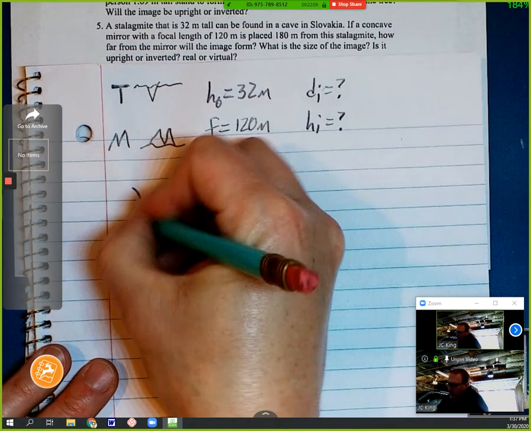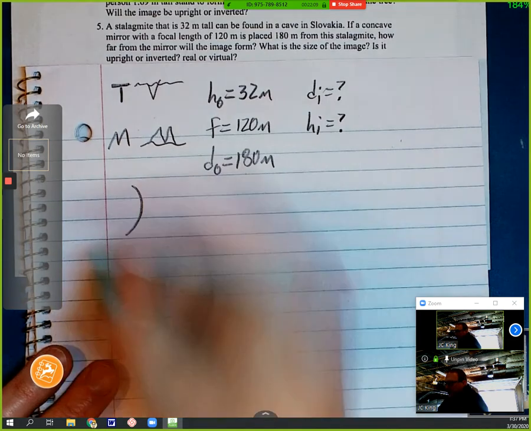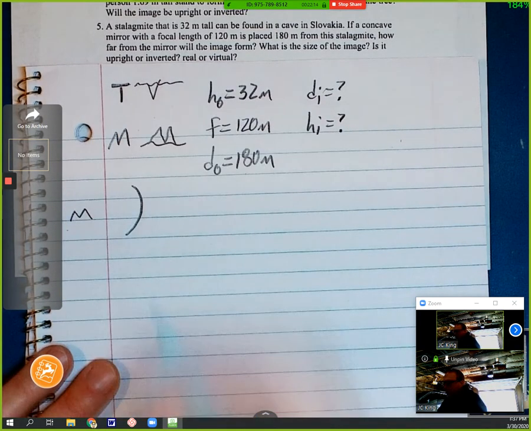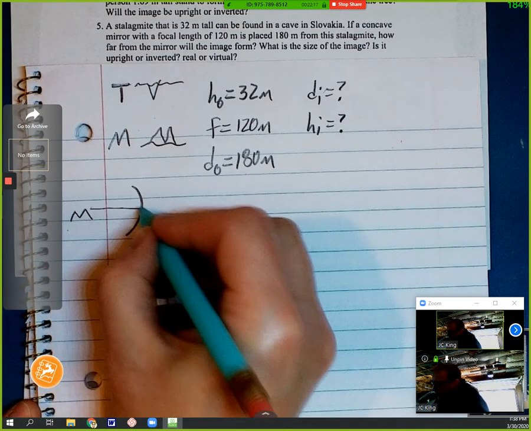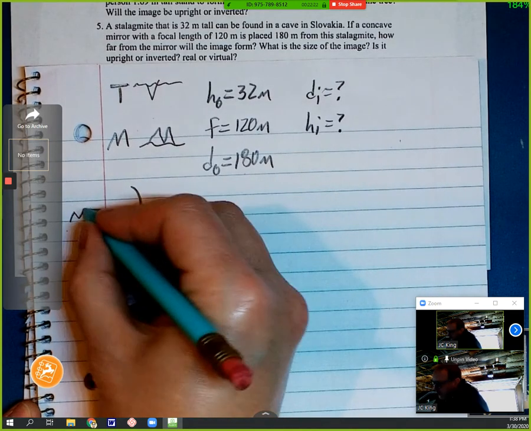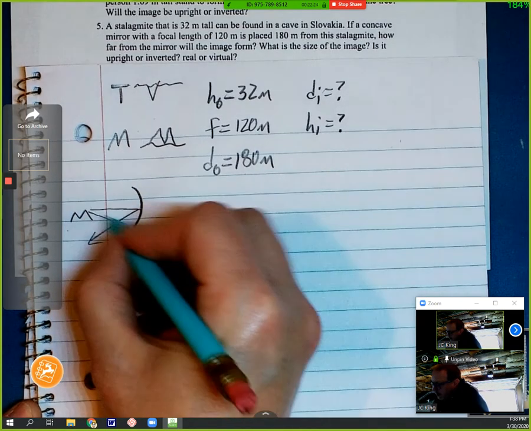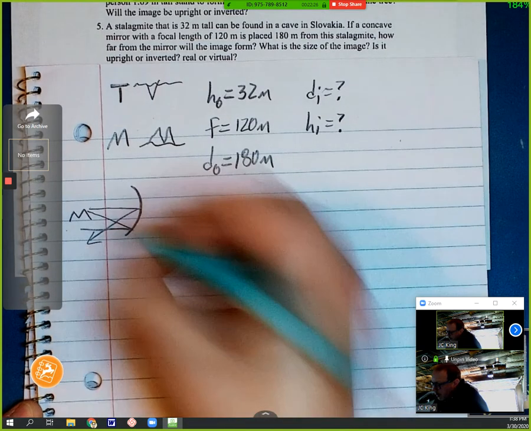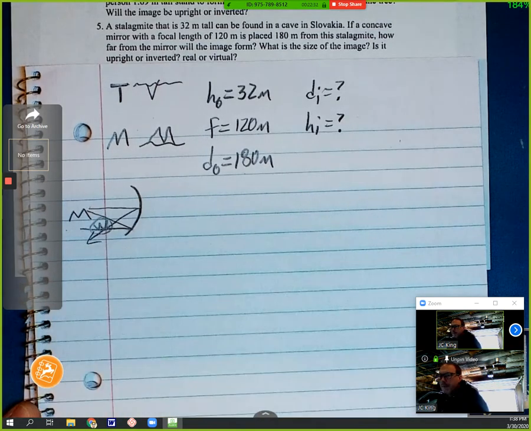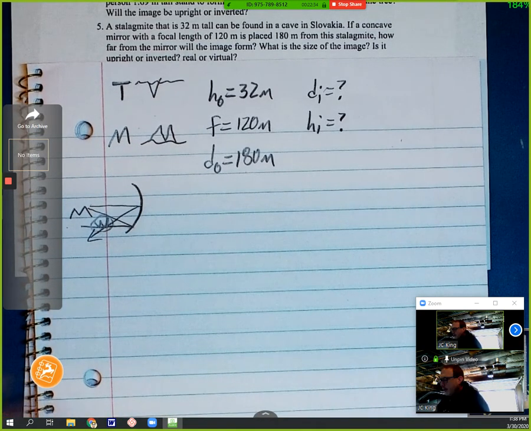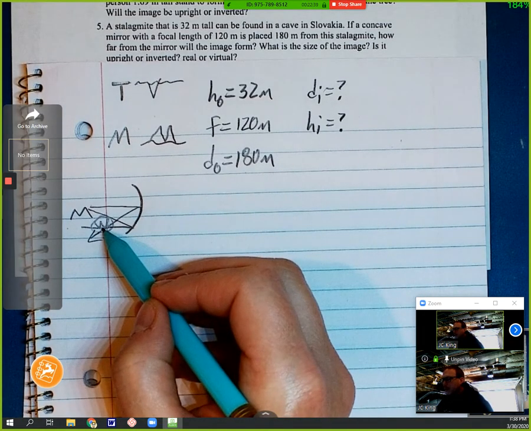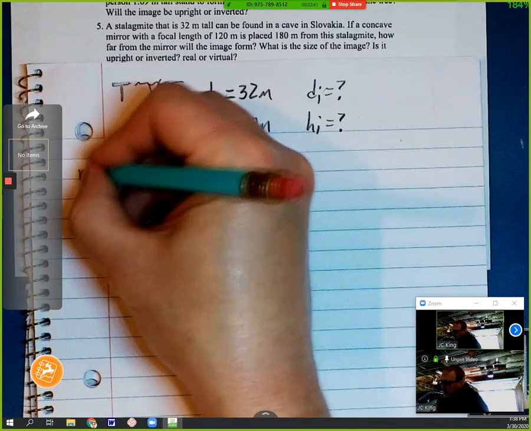Concave mirror means that it's curved like this, and so if we've got our stalagmites facing up like that, then the light rays coming from there are going to be focused back through our focal point, which means that we're going to have upside down images. Okay, so our image is going to be inverted. Since it's actually made by real light rays crossing, we know it's going to be real. So I'm going to go ahead and pencil in real and inverted.